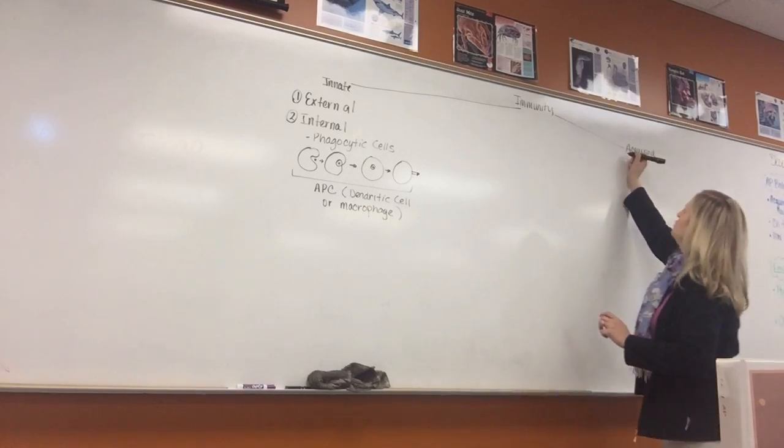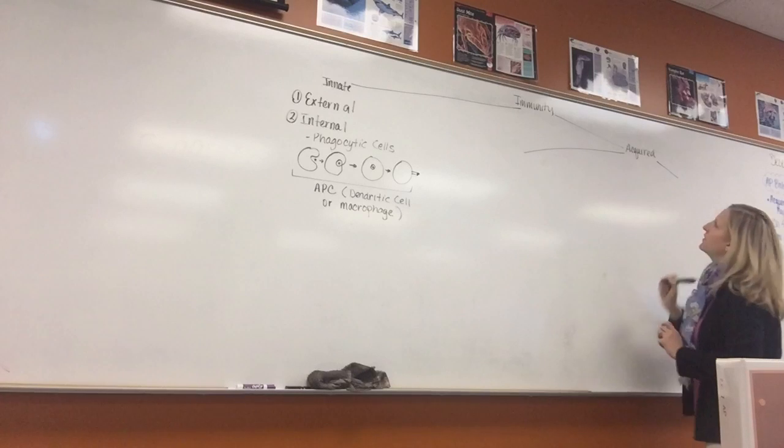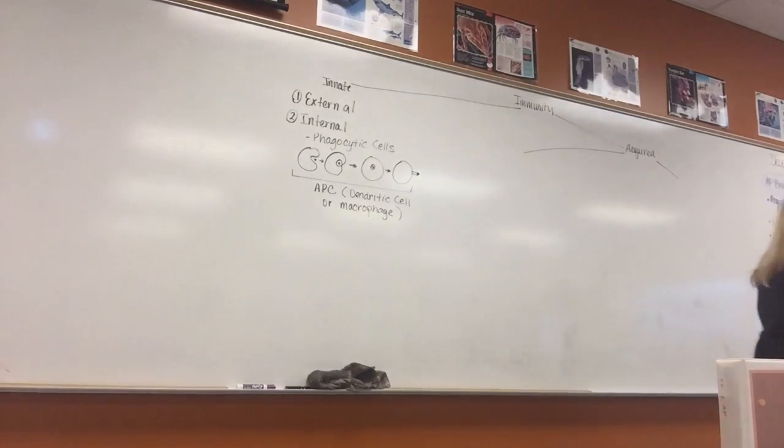There are two sections of our acquired immune system, two categories. So tell me what they are. One involves the B cell. What do we call the part that involves activating a B cell in immunity? Starts with an H. Humoral.